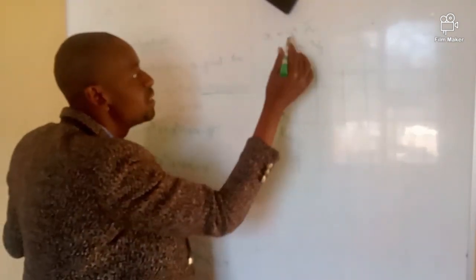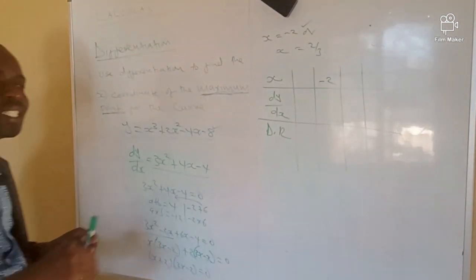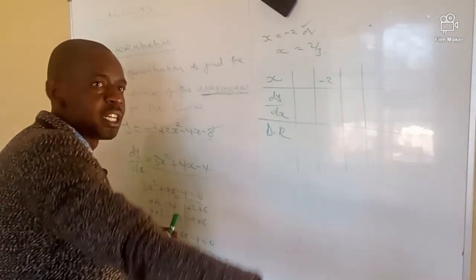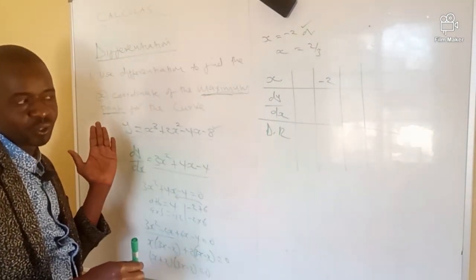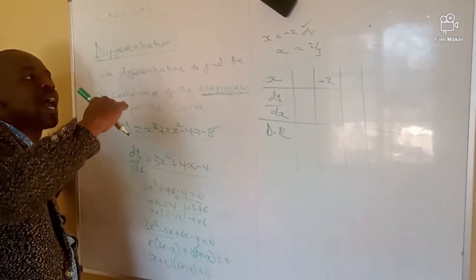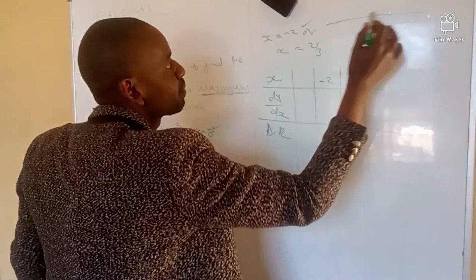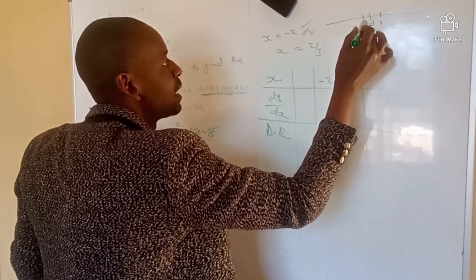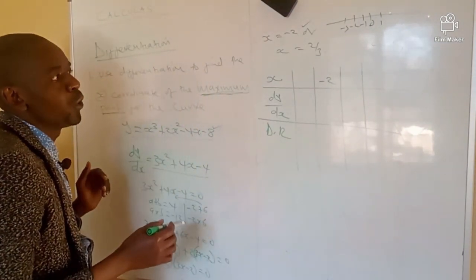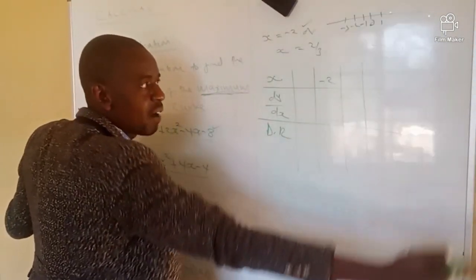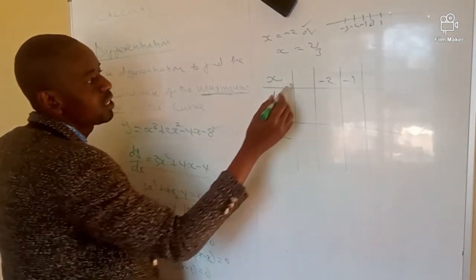You put that -2 inside, just in between. Then you take the number before and the number after -2. When you use the number line, this is 0, this is 1, this is -1, -2, -3. So the number after -2 is -1, and the number before -2 is -3.